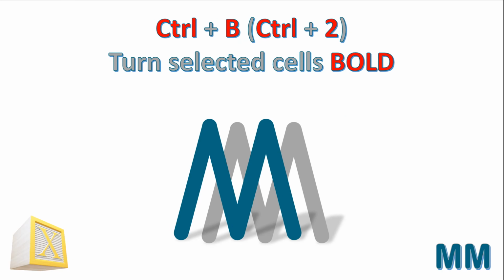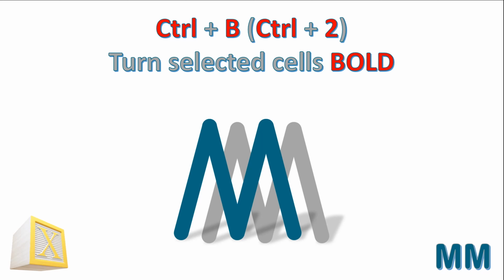If you want to play with the formatting, for instance, you want to turn your cell or a specific range into bold, you can press Control B, from bold, or alternatively you can press Control and the key 2, to have the selected cells show as bold.